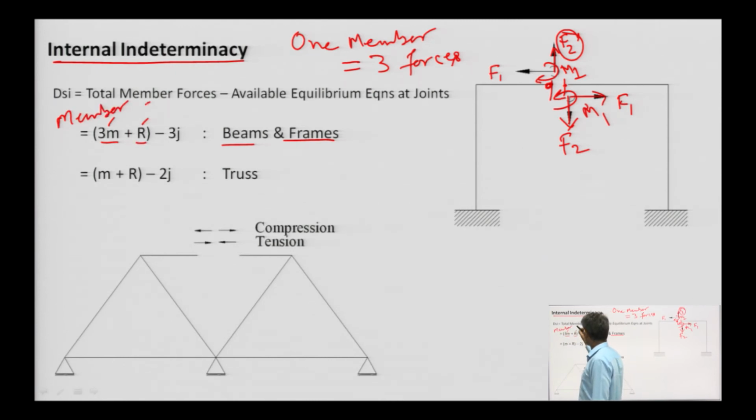And capital R is the support reactions. So, 3m plus R is the total unknown forces, minus the allowable equilibrium equations.